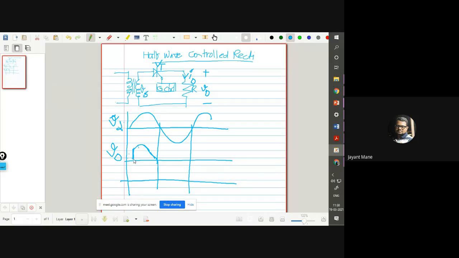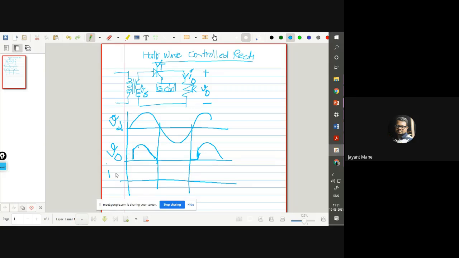So initially SCR is in forward blocking state and afterwards it will be conducting. So forward blocking state, conducting and then reverse blocking. In this way, in the next positive cycle also it will start conducting after some delay.